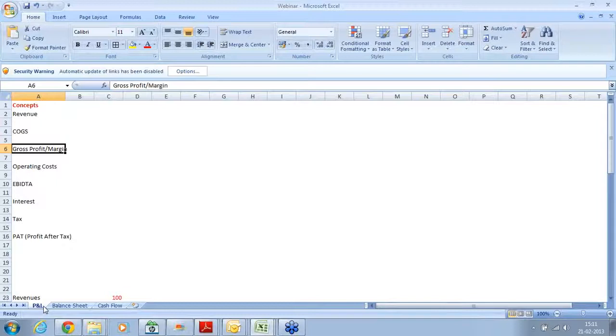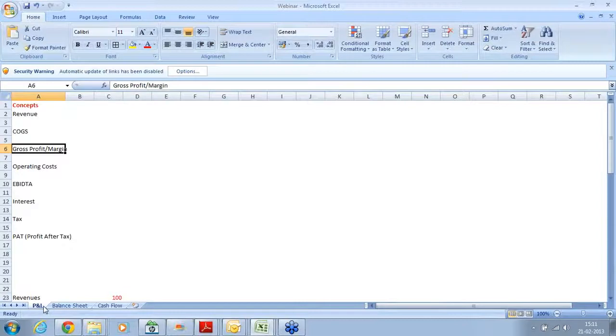In other words, you're saying for every rupee of revenue, after you have eliminated your direct costs, how much are you earning? The higher the gross margin, as you will understand intuitively, the better for the business. What it basically says, or at least sends a message, is that you have strong pricing power.